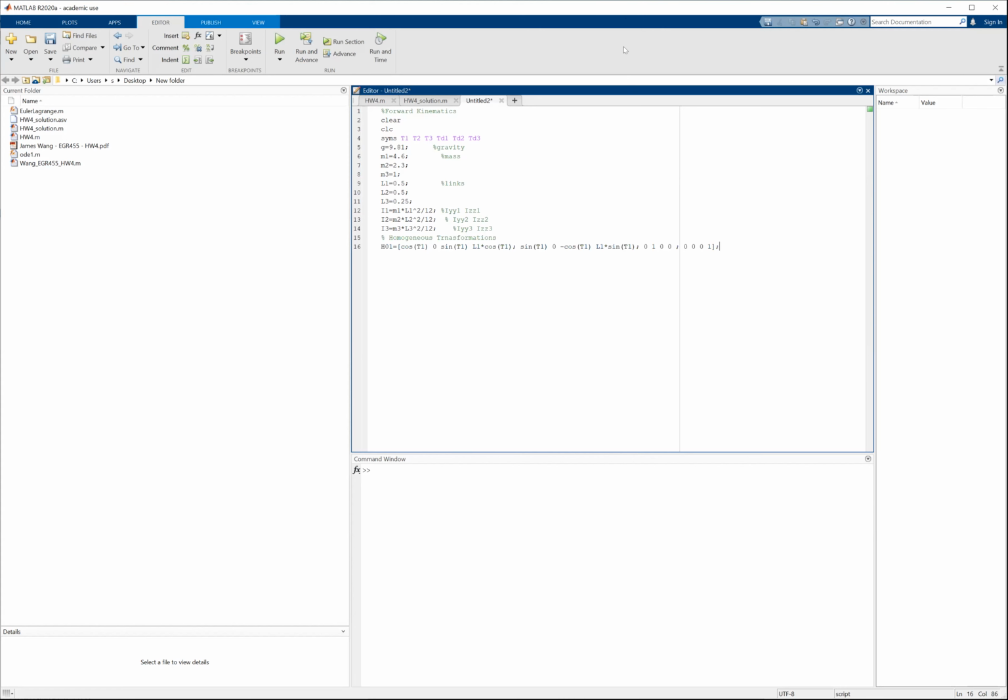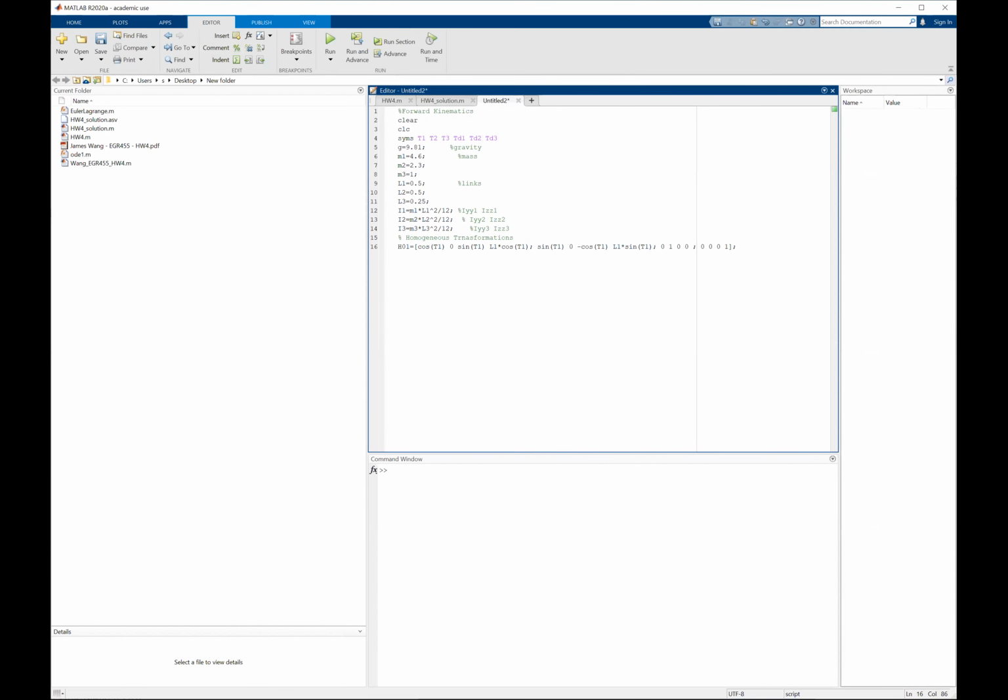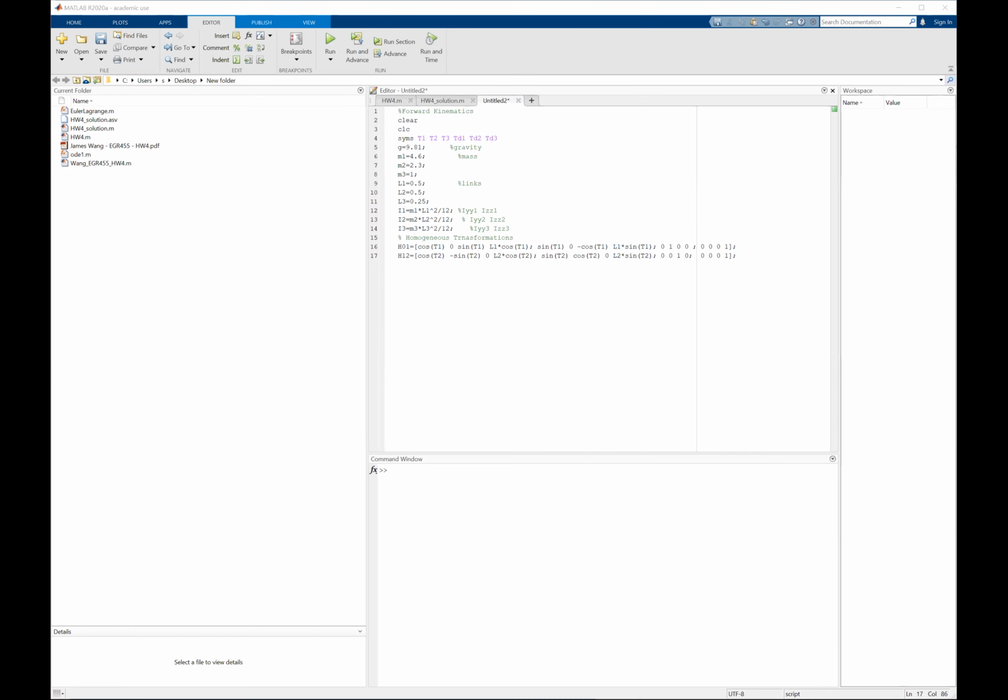And what I will do is I will input these in the chat window. So h01, h12, and h23.